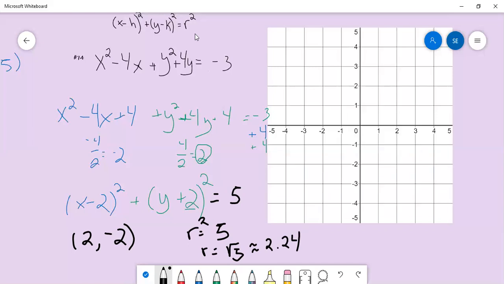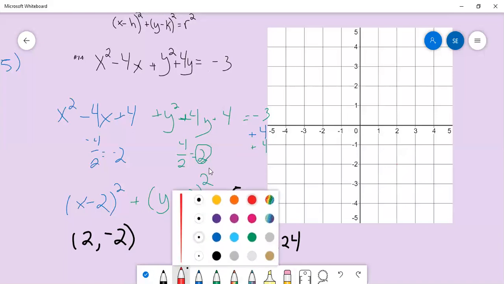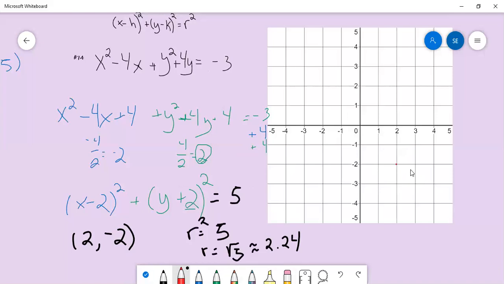So the trick here is getting our original equation into something that looks like our circle equation by completing the square. We can go ahead and plot this now. Our center point is 2, -2, so 1, 2, -2 puts us here. This is our center.